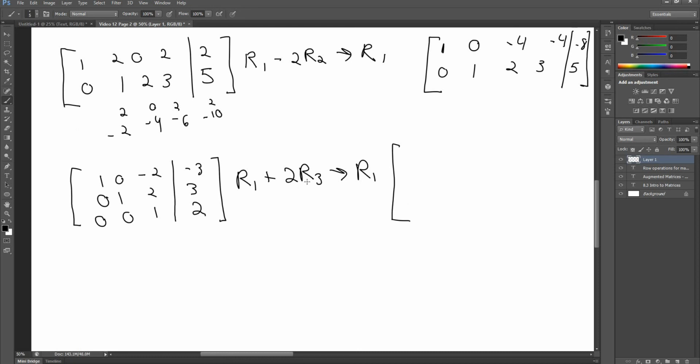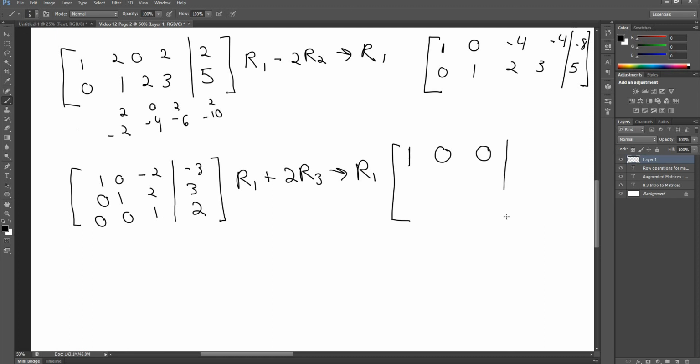So I'm multiplying row 3 by a constant, I'm adding it to row 1, so row 1 is what I'm changing. So 1 plus 2 times 0 is 0, so this is just going to be 1. 0 plus 0, this is going to be 0 still. Negative 2 plus 2 times 1 is 2, so I have negative 2 plus 2 is 0.